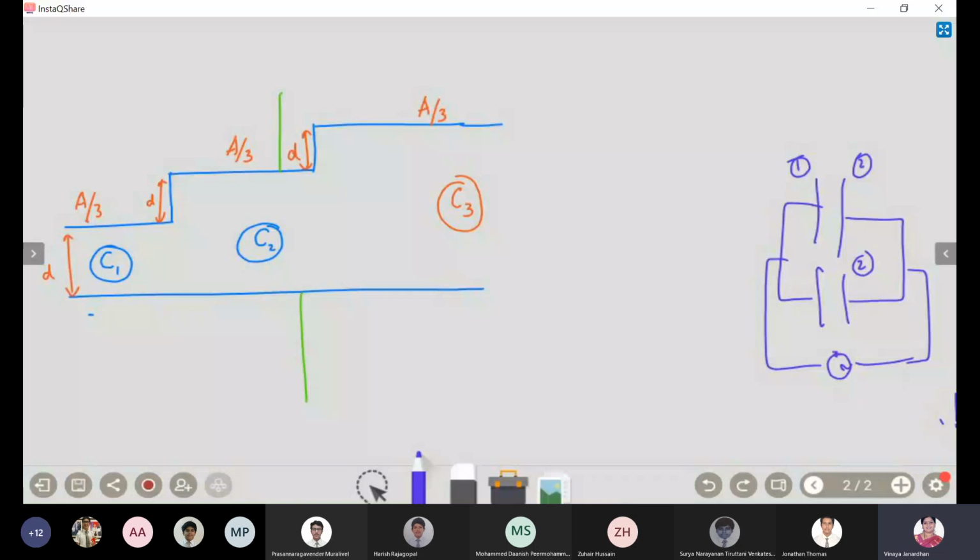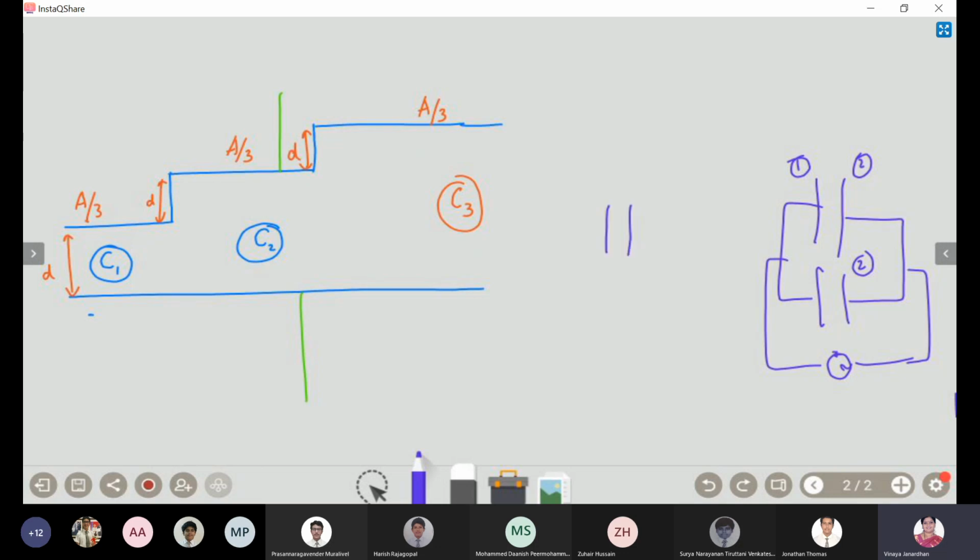This type of connection we call a parallel connection. Nothing is in between them. From the common connection, you connect it to your power supply. This is parallel.